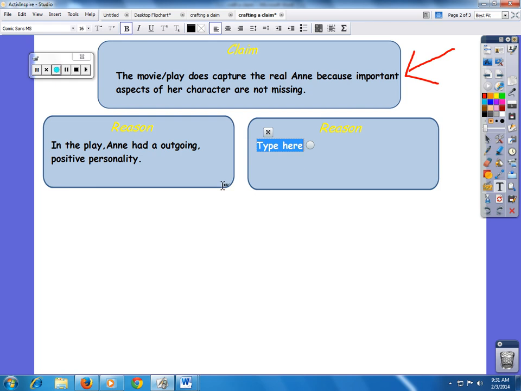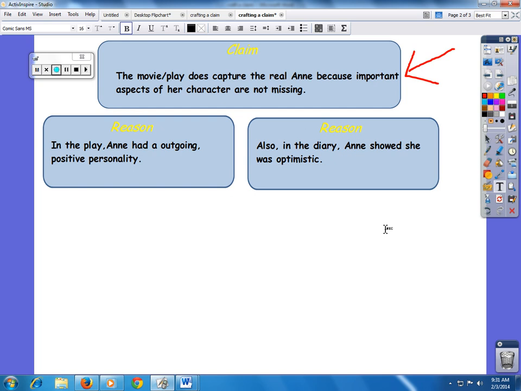So if you're doing that they're different, here's a good chance to prove how she was different in the diary. But I'm going to say also in the diary, Anne showed she was optimistic. And then I can bring forth my evidence in the diary.